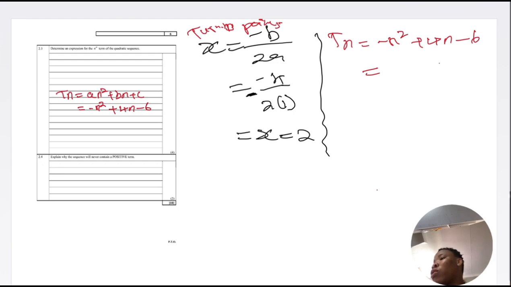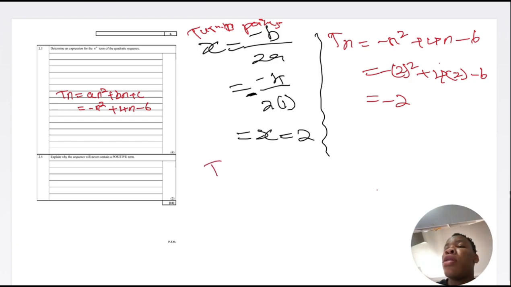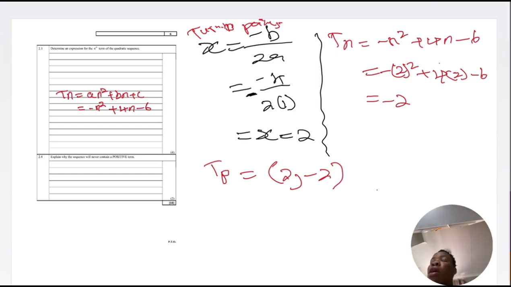Negative 2 squared plus 4 times 2 minus 6, which gives us negative 2. Then the turning point TP is equal to 2 comma negative 2. This is for x, this is for y.